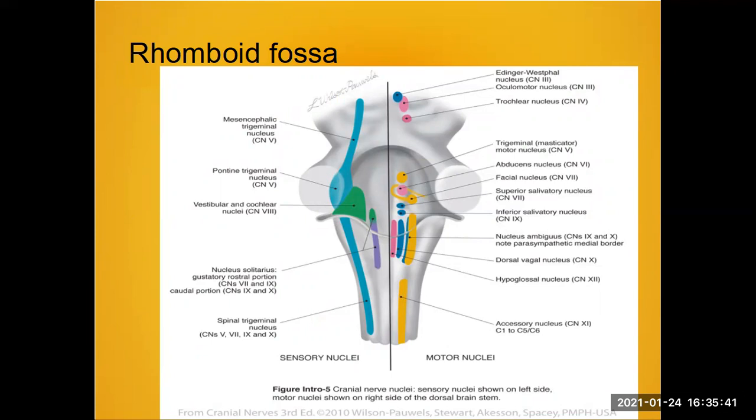Posteriorly, you can see the rhomboid fossa. Rhomboid fossa contains sensory, motor, and autonomic nuclei. Medially are located motor nuclei.